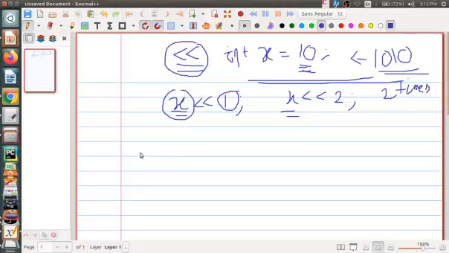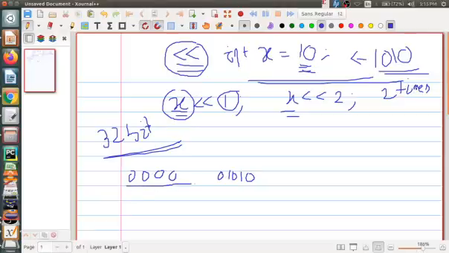As you know, all integers can be written in 32-bit format. I will start from the most significant bit. Suppose this is my 32-bit value. Since my value is 1010, in binary representation I can write 1 0 1 0. The rest of the bits will be 0, so all 28 bits are 0, and the last 4 bits will be 1 0 1 0. Now I want to shift 1 time.